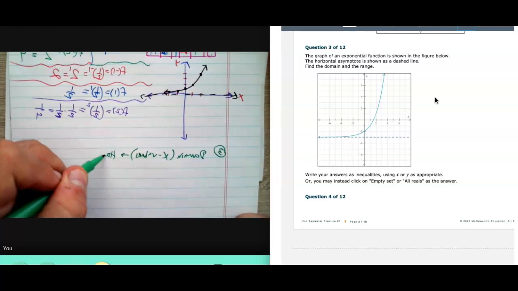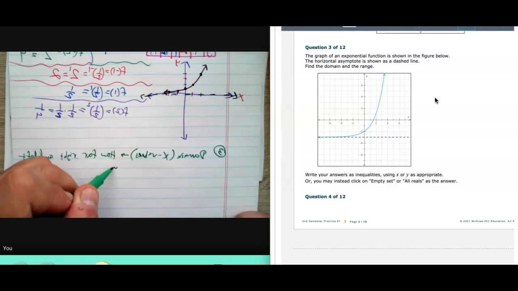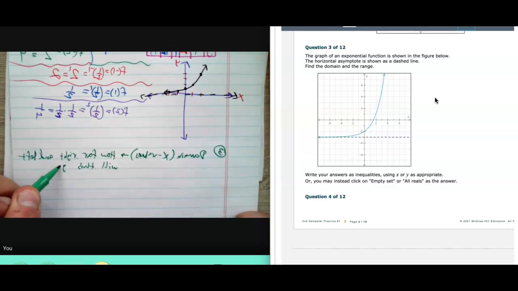So that's what you can think of when you're asked what's the domain. You're basically being asked how far right and left will this graph go, or exist?